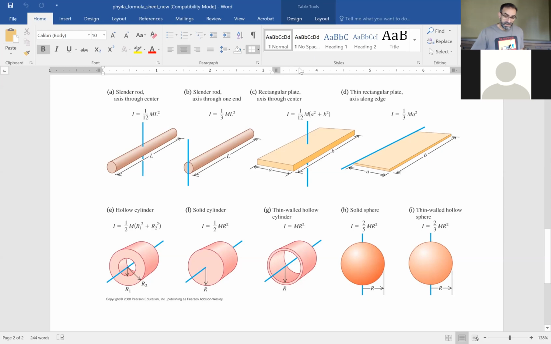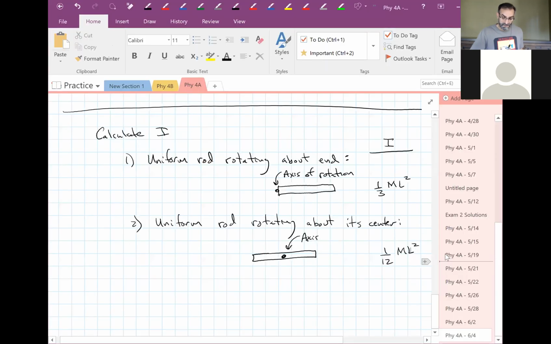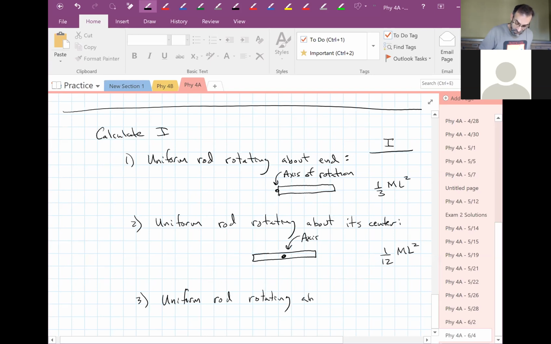Let's go back to this, and let's come up with another example. A uniform rod rotating about some other point. How about this one?